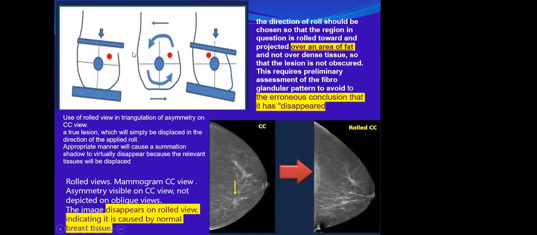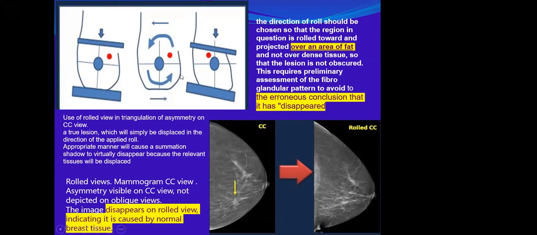If you are rolling laterally, look, the lesion will go with you laterally because it is in the superior breast. It is in the medial here, the lesion in the medial, but you are rolling lateral. But because it is in the superior breast, it will go with you toward the lateral breast.